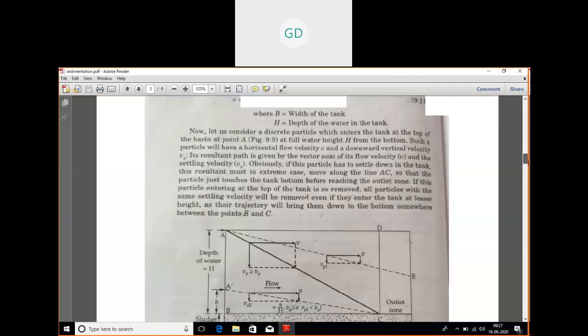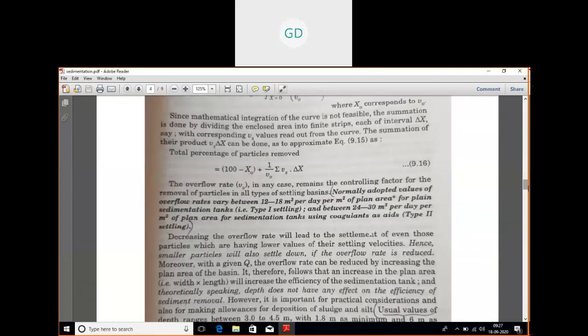Next you write down this line. Normally adopted values of overflow rates vary between 12 to 18 meter cube per day per meter square of plan area for plain sedimentation tanks, and between 24 to 30 meter cube per day per meter square of plan area for sedimentation tanks using coagulants as aids.